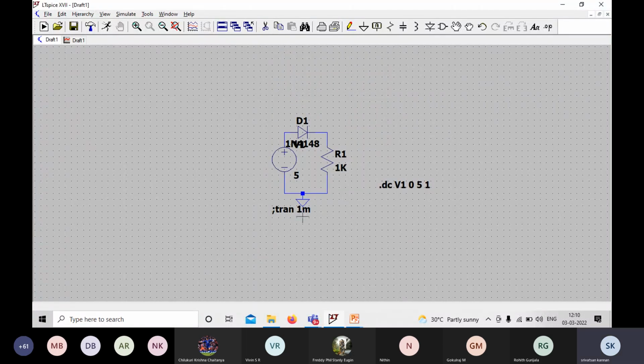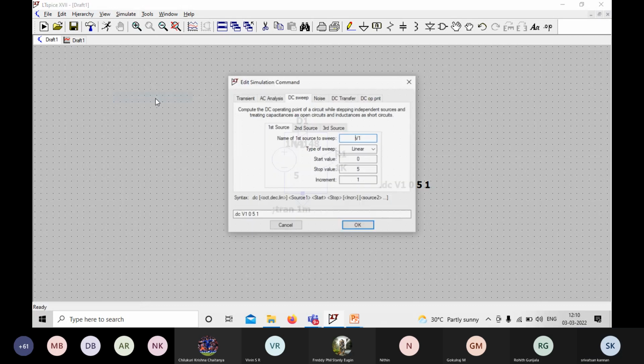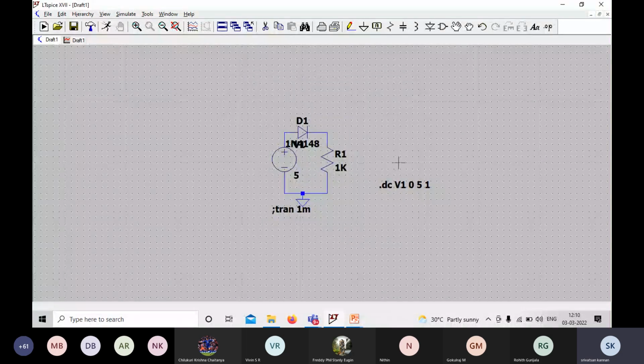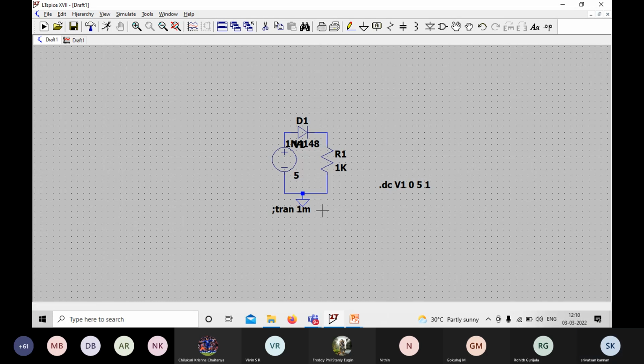Tran means transient analysis, and the transient analysis is for 1 millisecond. Sir, how to set the transient values?